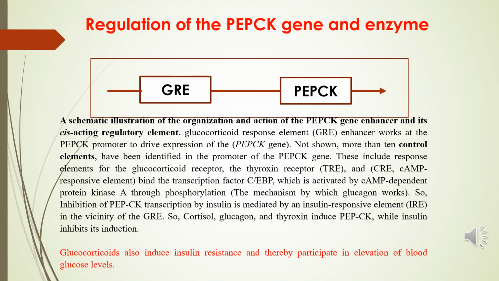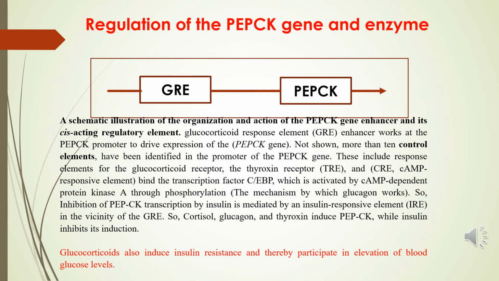One of these genes is the phosphoenolpyruvate carboxykinase gene, which is induced by the glucocorticoid response element when it binds to the cortisol and its receptor. Presented here is an illustration of the organization and the action of the phosphoenolpyruvate carboxykinase gene enhancer and the regulatory element, the glucocorticoid response element.